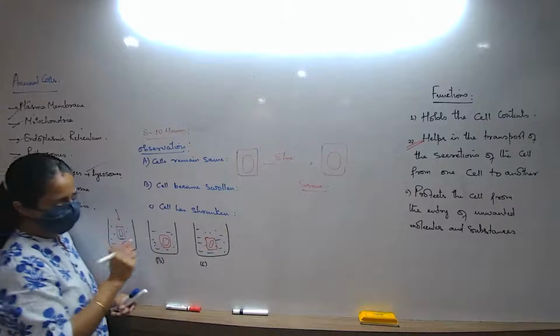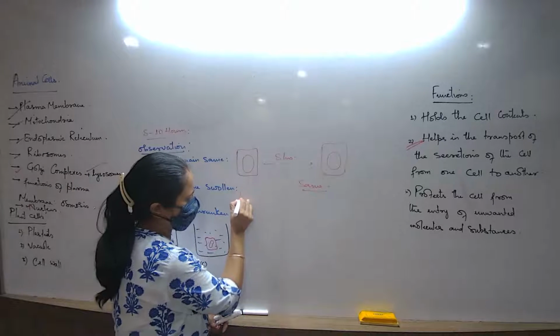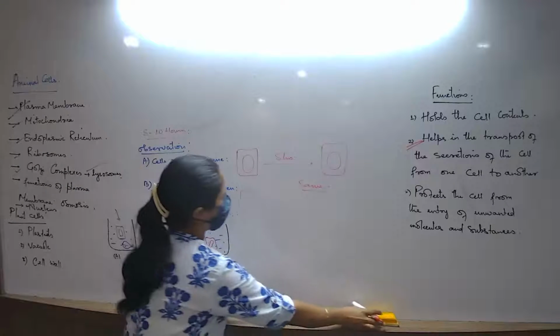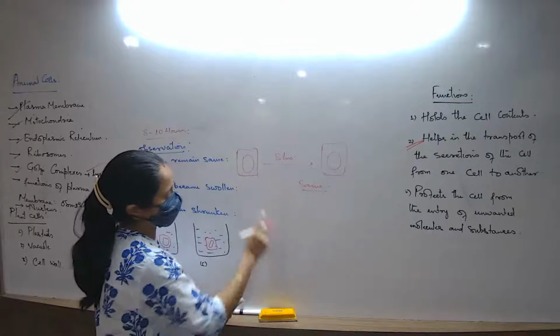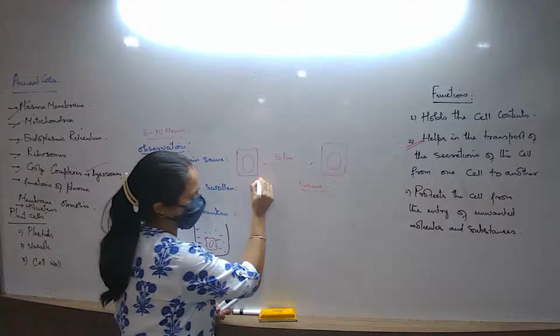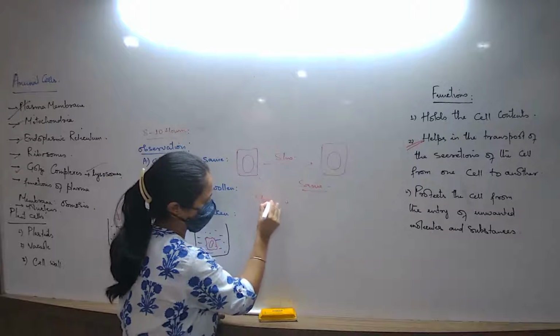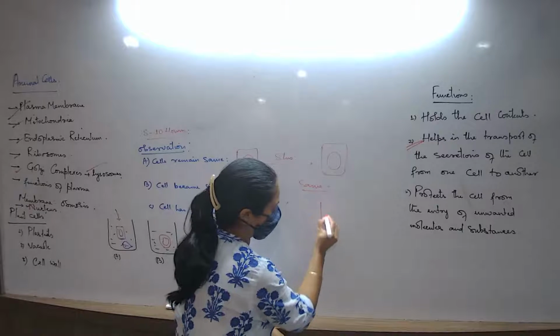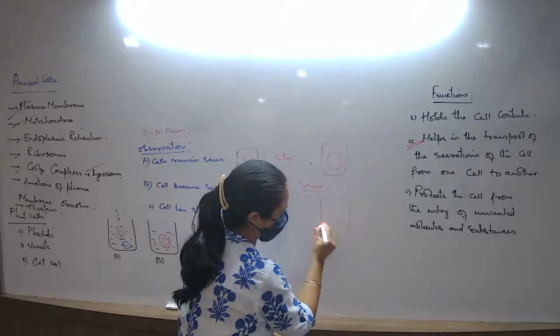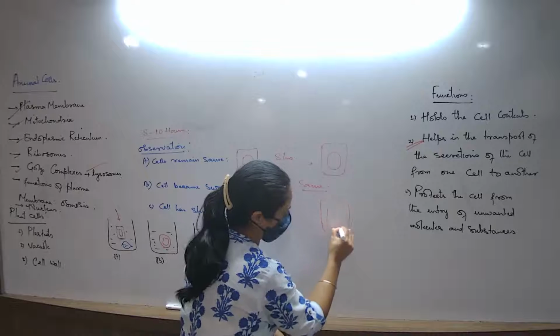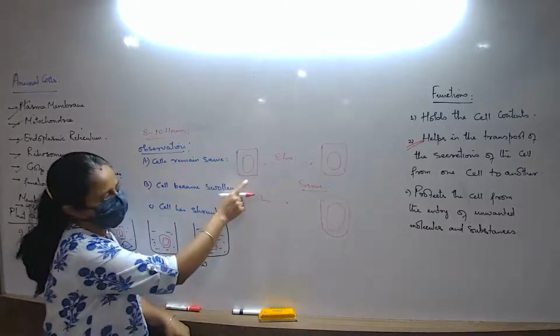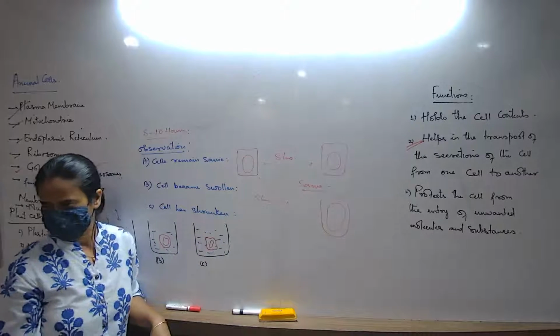Let us take the second condition. Okay, the second condition is something like this. This cell, after 8 hours, what is the next condition? The cell has become swollen. It has become much bigger than before.